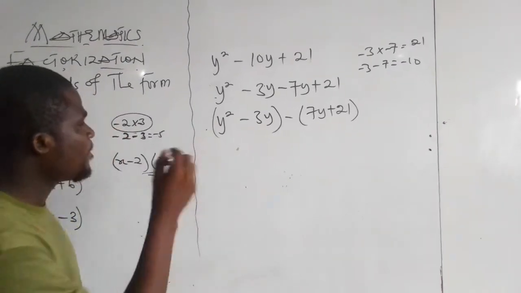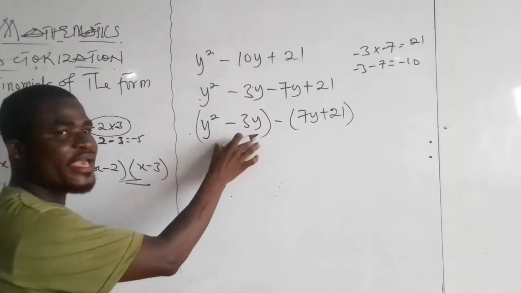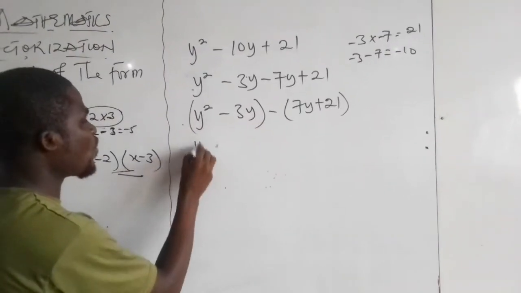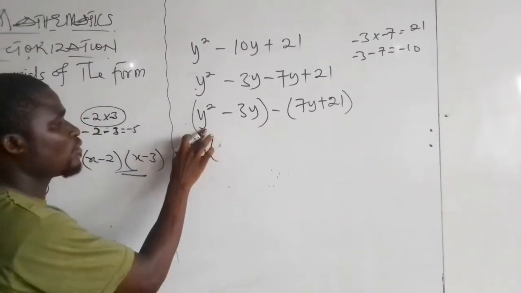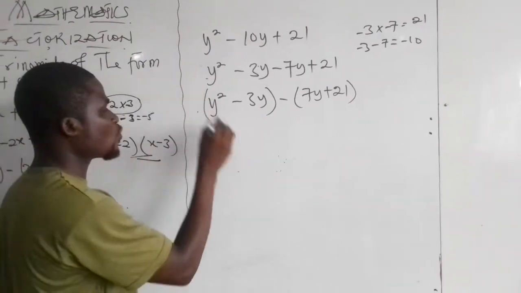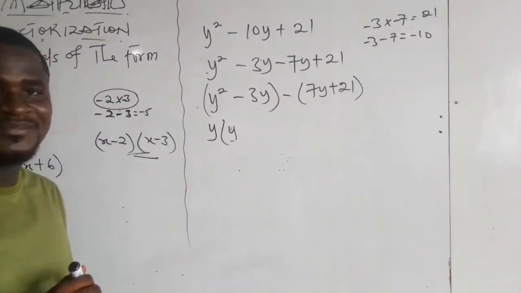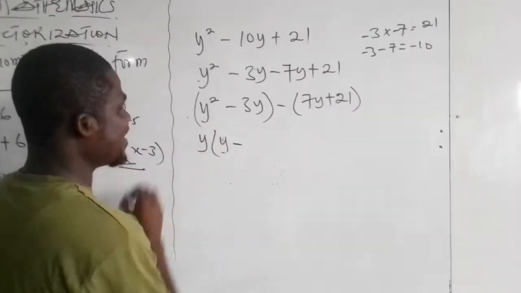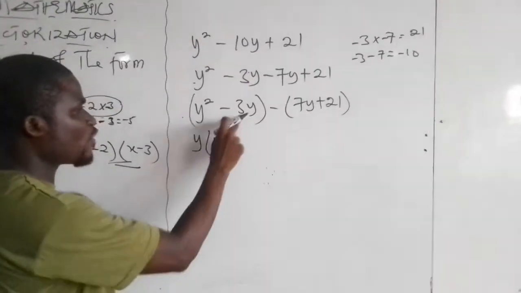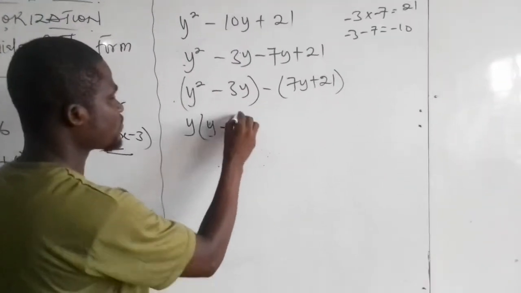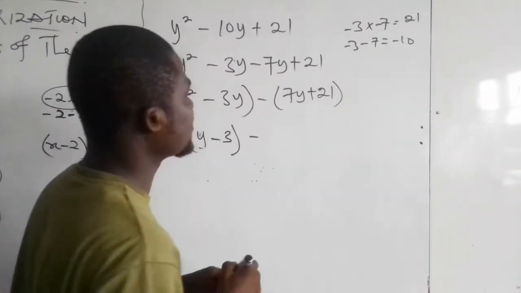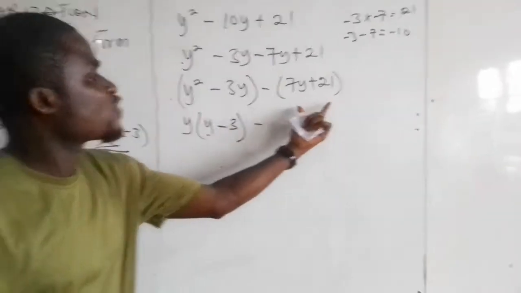Good. So, which variable is common here? It is y. So we are going to have y into brackets. What remains here is y because y times y will give us y squared. Good. So, minus y is already here. So what remains here? 3. Minus, which figure is common here?